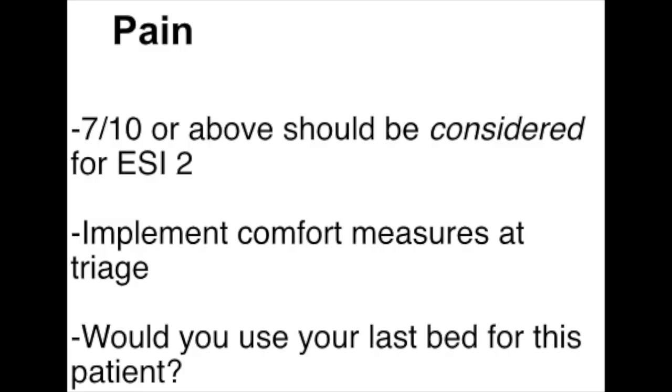I mentioned severe pain as one of the criteria for ESI 2. So let's look more into pain. Pain is subjective, so it's whatever the patient tells you it is. So if they're telling you that it's a 10 out of 10 pain, that's what you document. But pain is just one part of your assessment, or one part of the information that you're gathering. You want to document their appearance.